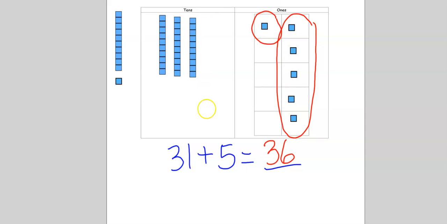Now, how did you get the 6? Because I had 1 from 31, and then I had my 5 1s. So I had 6 1s. So I had, oh, let me get that a little bit better.